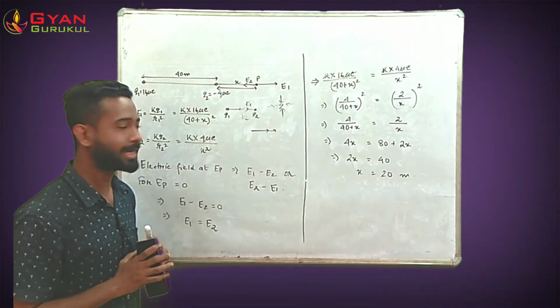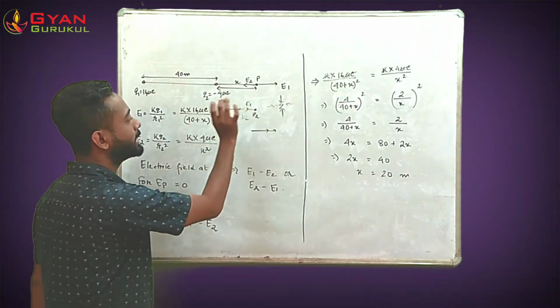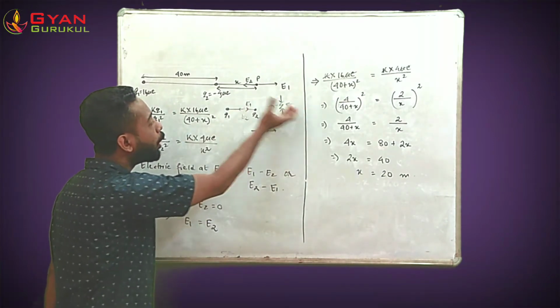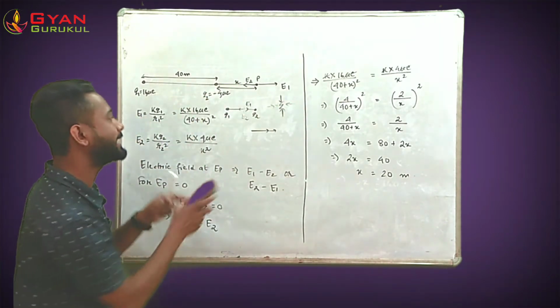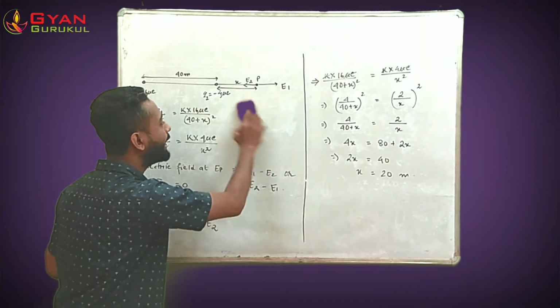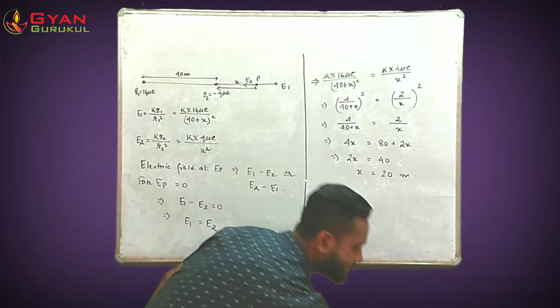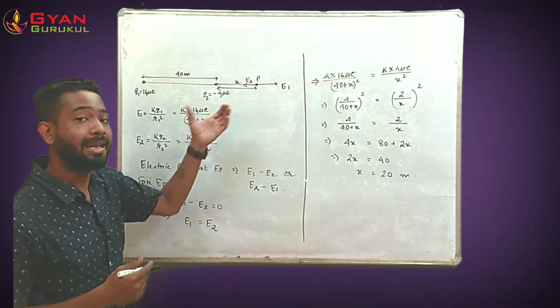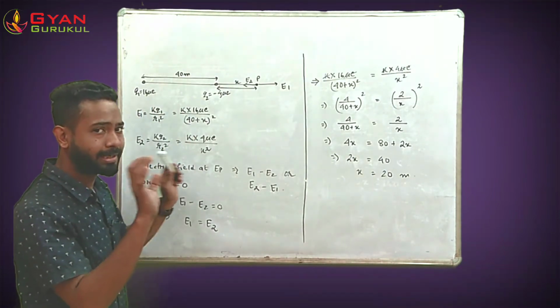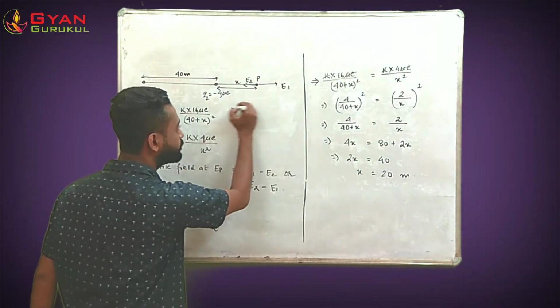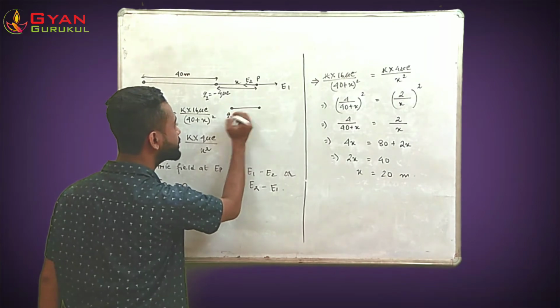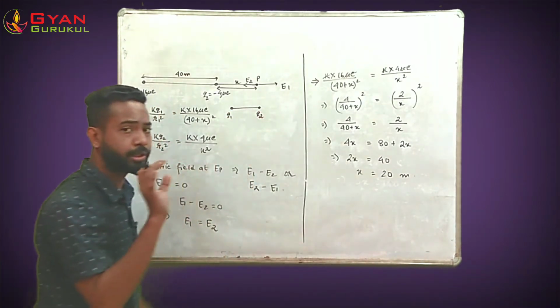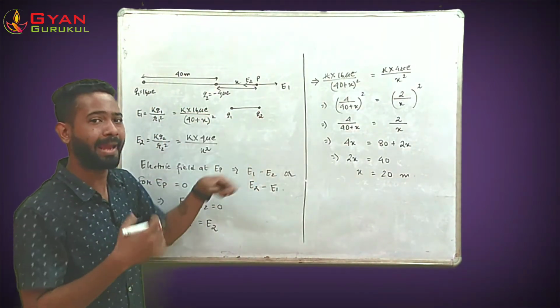So where would the point lie? Hence we at least come to know that the point would lie somewhere here or here. Now again, it is important to understand where exactly. Will it be on the right hand side or on the left hand side? Let me make it clear. Out of the two charges Q1 and Q2, you need to understand which charge is bigger magnitudinally.